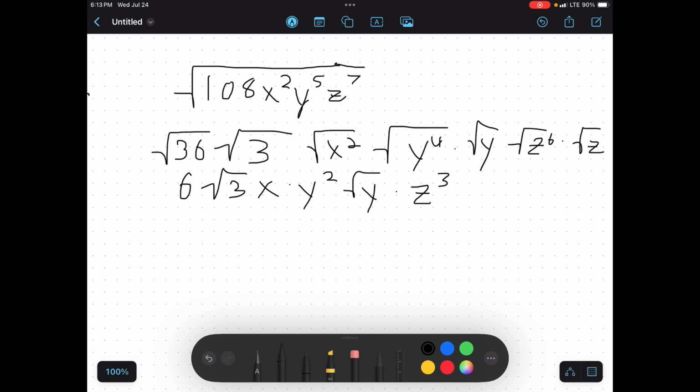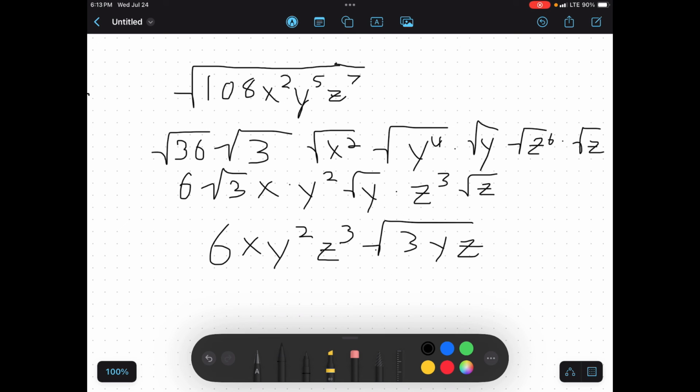And the square root of z is irreducible. Everything that is not underneath the radical goes together: 6xy squared z cubed. And everything that is under a radical goes together under one big radical: 3yz.